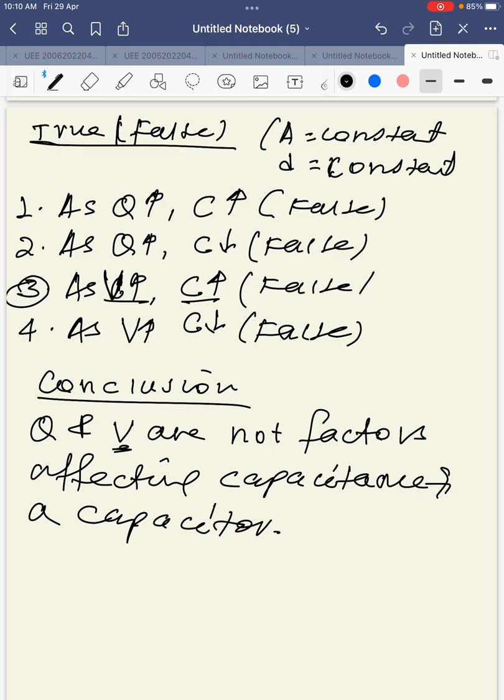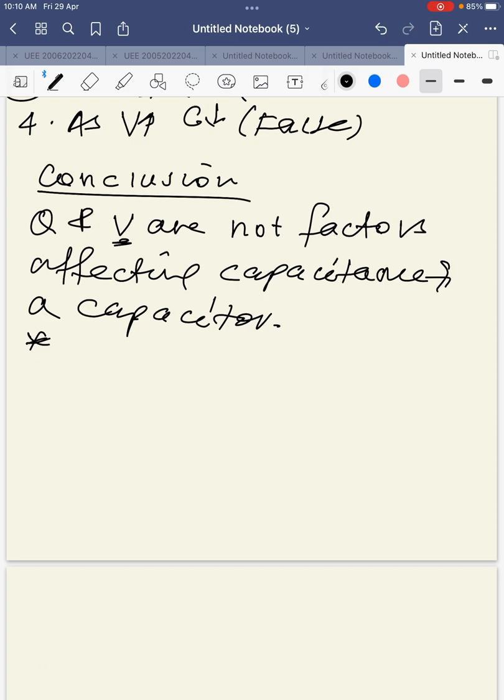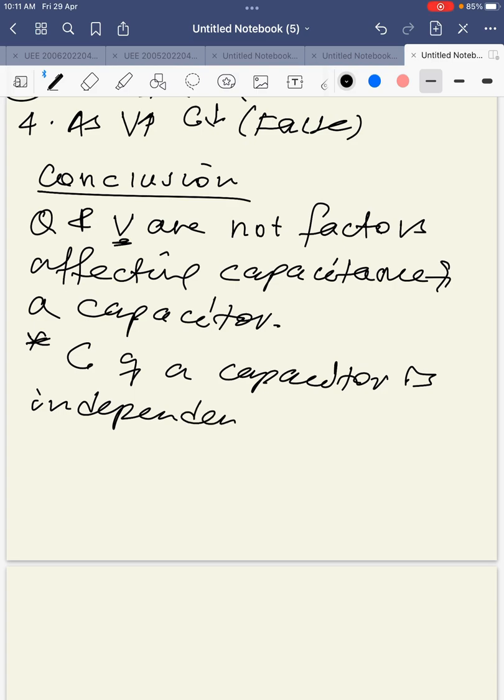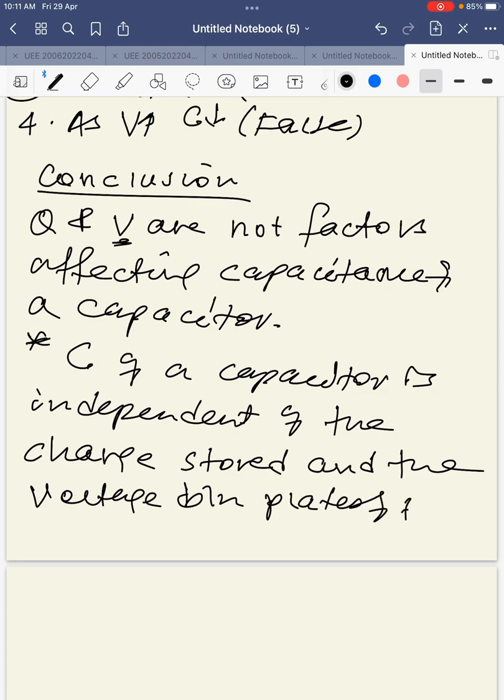In other words, capacitance of a capacitor is independent of the charge stored in the capacitor and the voltage between the plates of the capacitor.